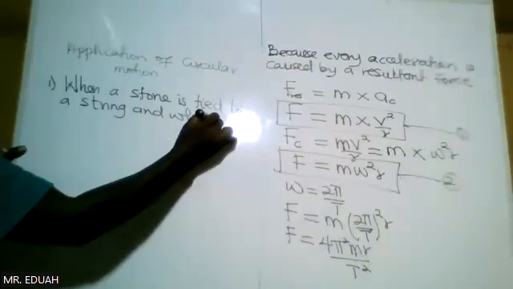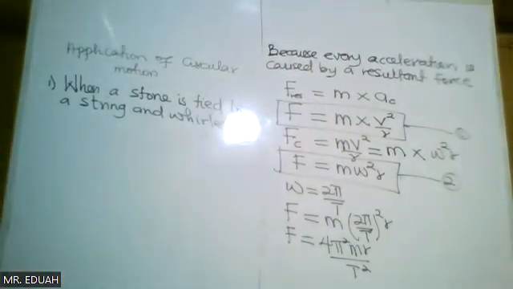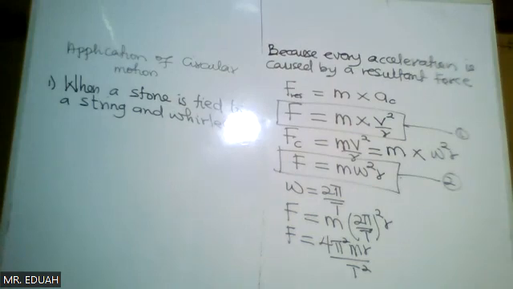When you tie a stone to a thread and whirl it, it describes circular motion. Once it describes circular motion, there must be a force, a centripetal force, which keeps the stone within the circular path.